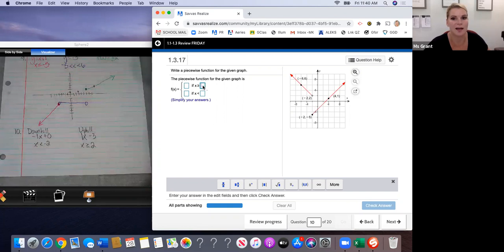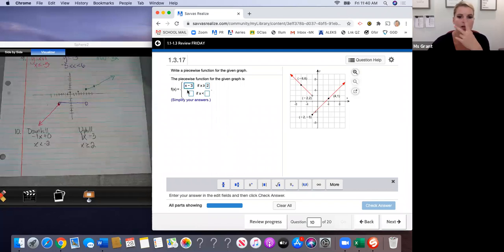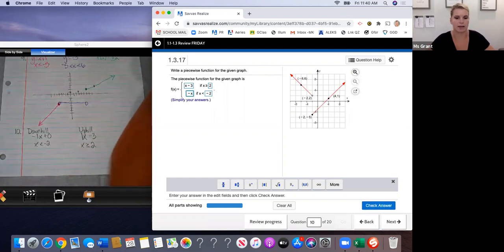I have to do the constraint first, because look at the symbol, greater than or equal to 2. X minus 3 matches up with the greater than or equal to 2. X is less than negative 2 matches up with my linear downhill negative 1x. Let's put negative x, okay? Let's hope that I did okay.